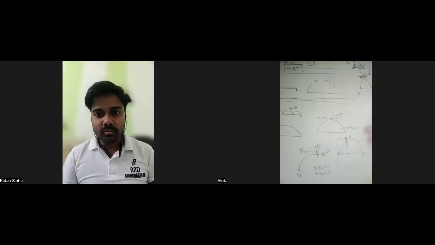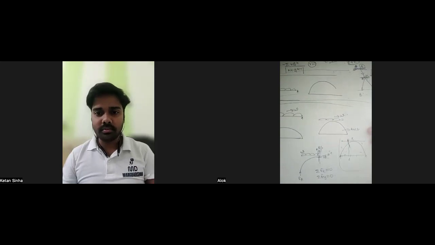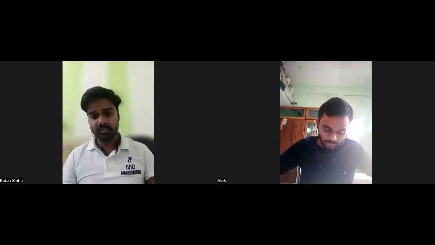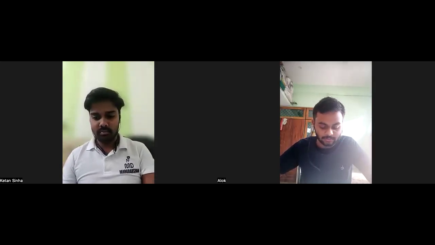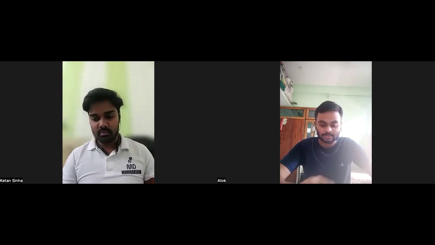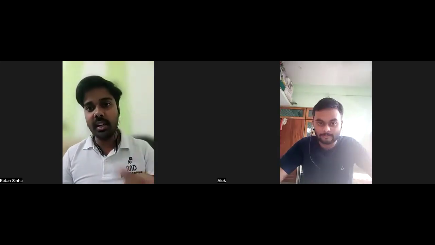Sir, that RS part is the radial shear. Okay. And how will you estimate the value? Sir, by using the equilibrium equation on the left hand side of the arch, that is summation of force equilibrium, summation of x equal to 0.